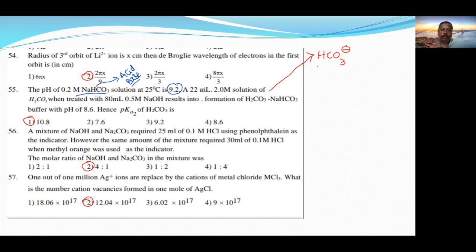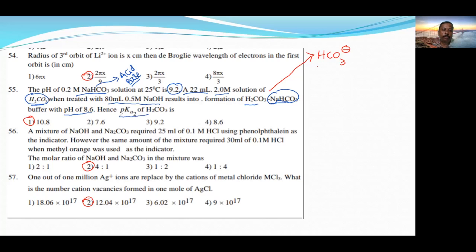So a 22 ml 2 molarity solution of H2CO3 is treated with 80 ml 0.5 molarity NaOH, resulting in the formation of H2CO3 and NaHCO3. Actually, H2CO3 is a dibasic acid, so it can change into a partial base, and form a buffer with a pH of 8.6.